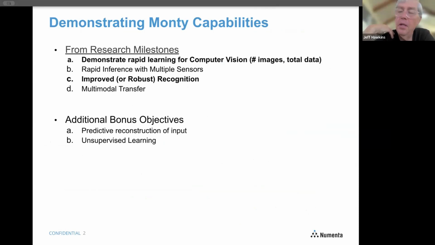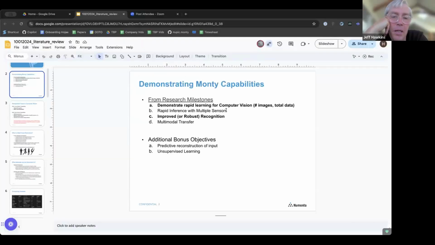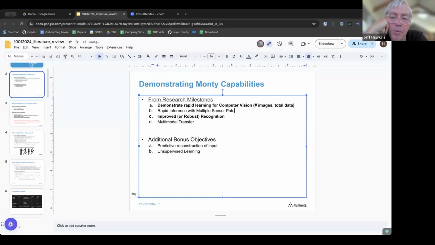I took that to mean, and I think most people take that to mean, vision and touch or vision and hearing. That would be the multimodal transfer, I guess. Okay, well, maybe we could just change B to say multiple sensor patches. Yeah, I think I also got confused by that, Jack, when I was first going through.